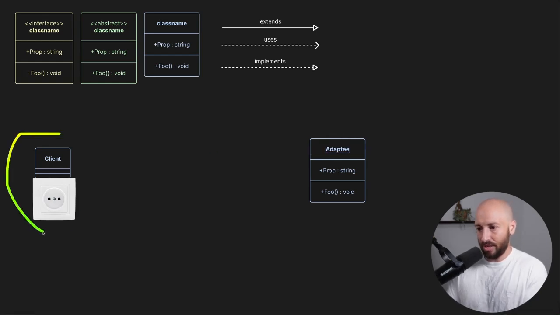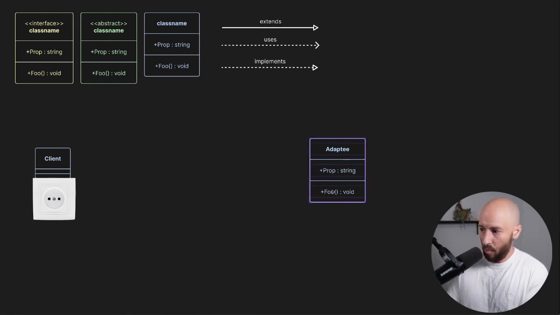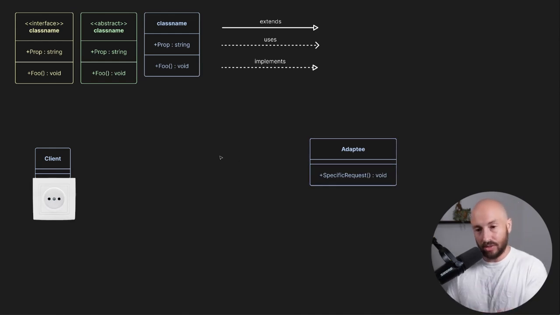The client wants to go ahead and use the adaptee. Now, when we say use, what we mean is that there's some method over here. Let's call this the specific request method. There's some method that the client wants to use. In the previous example, this was the American style plug. So there's this method that the client wants to interact with, but it is incompatible.